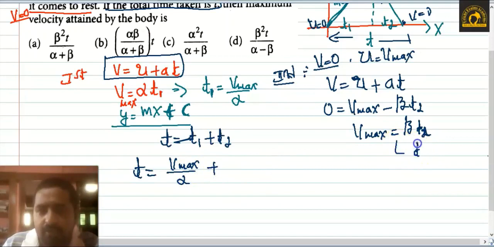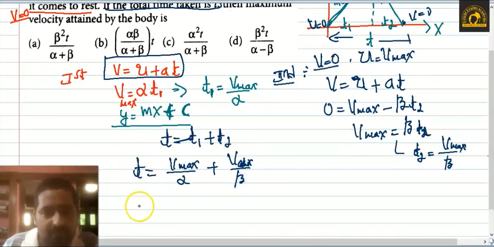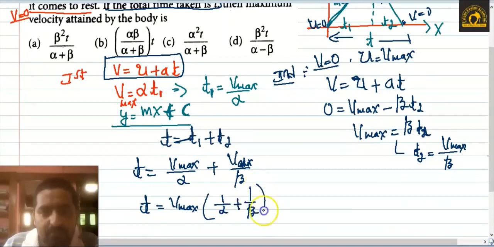T2 is equal to V maximum divided by beta. So then the total time interval T is equal to V maximum, which is common, into 1 by alpha plus 1 by beta.